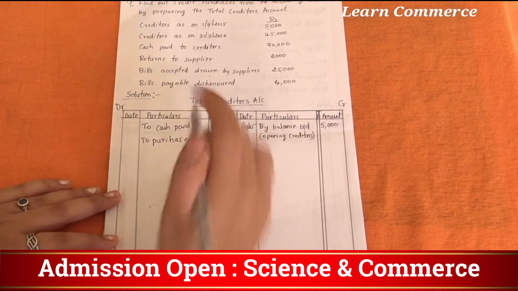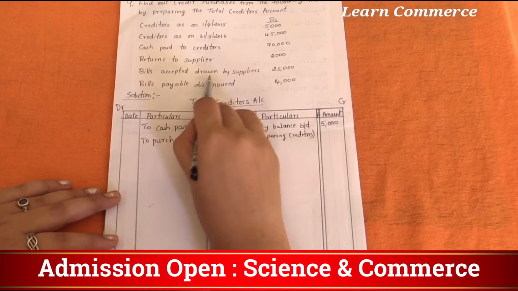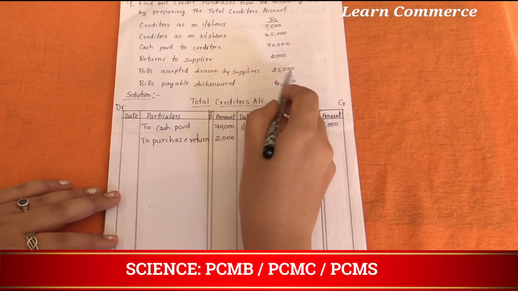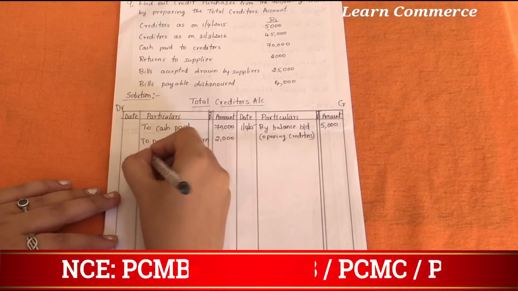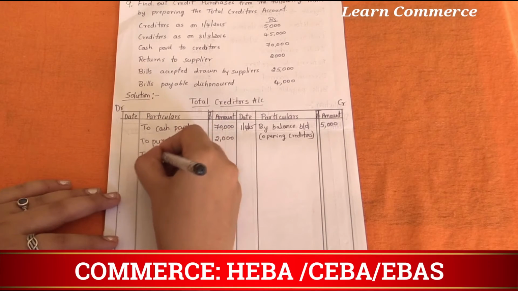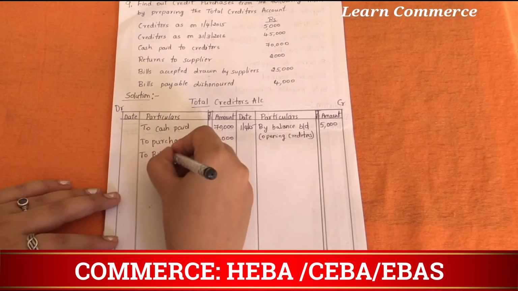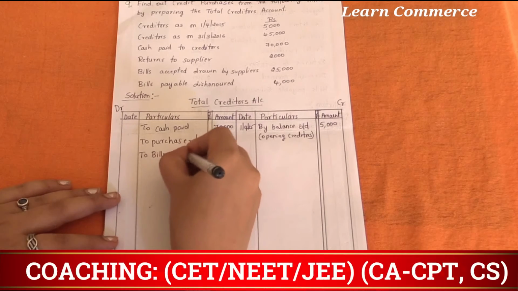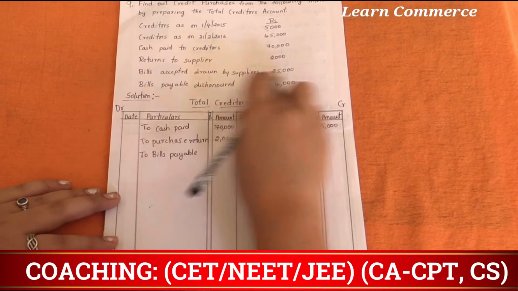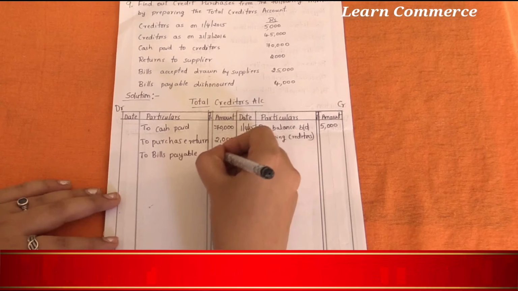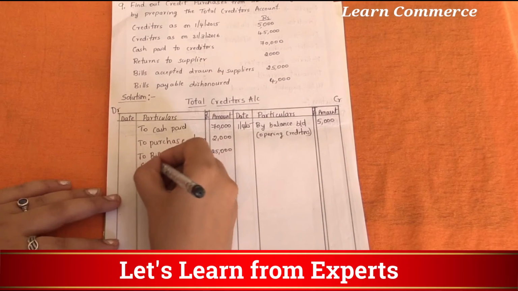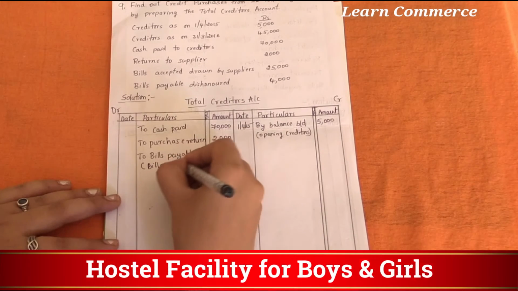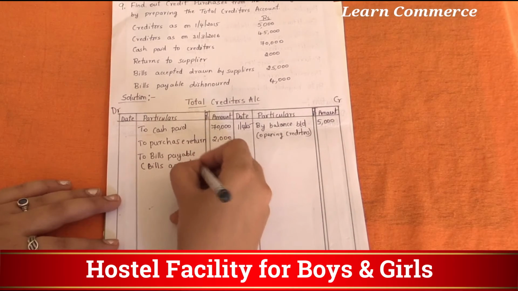Then next one, bills accepted drawn by suppliers 25,000. So this one we should record in the debit side, that is to bills payable, amount is 25,000. In bracket write bills accepted. Okay.